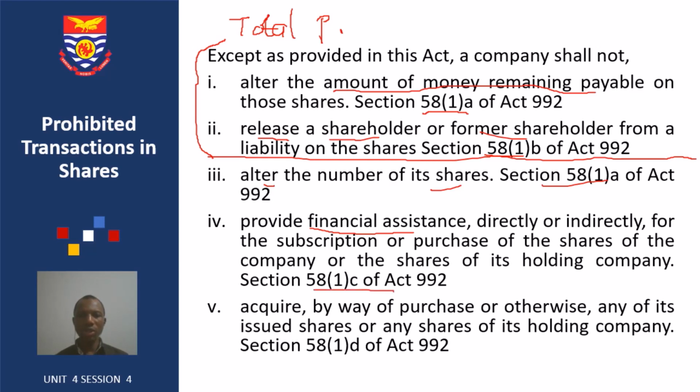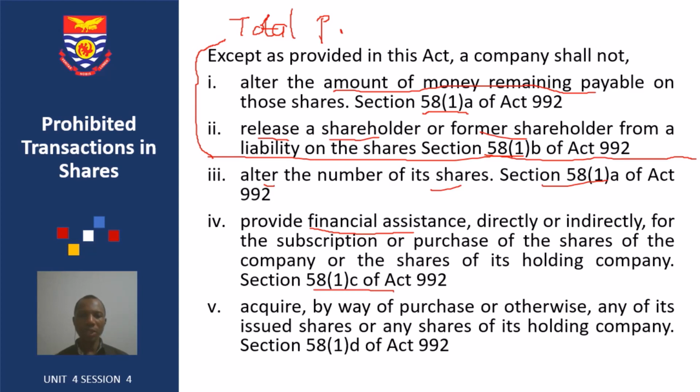This also means that as a company, you are not supposed to give financial assistance to any of your members that the person is going to use to subscribe or purchase some of your shares. However, this prohibition is also a partial prohibition, meaning that the Act has provided a way which you should follow if you want to do so.